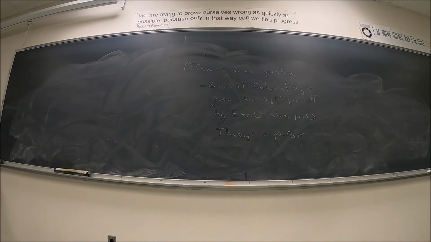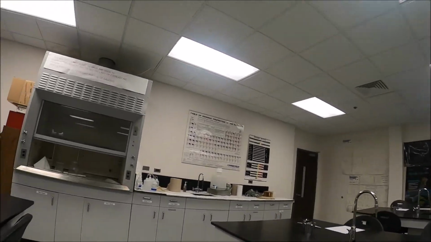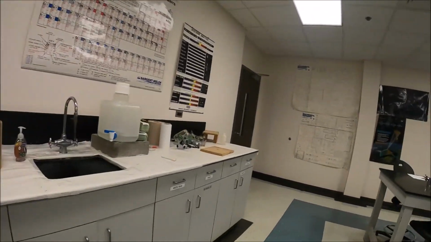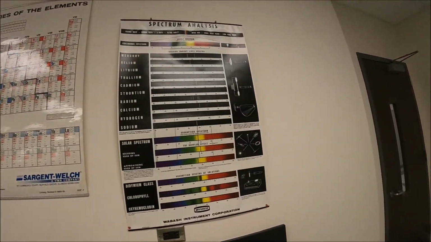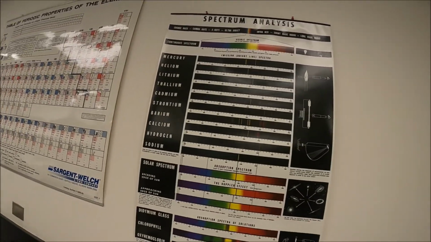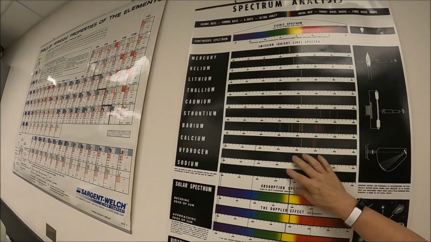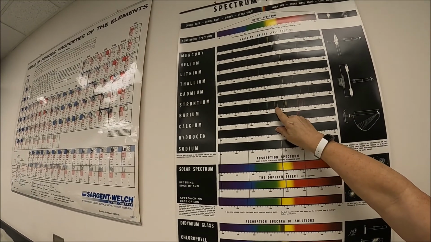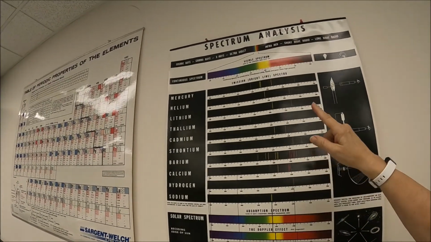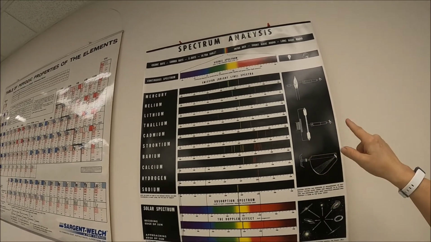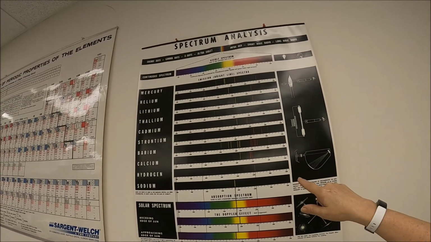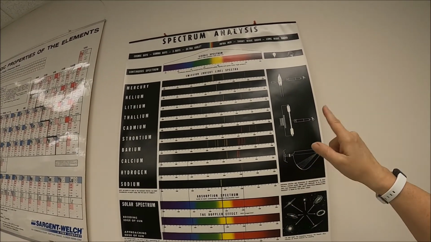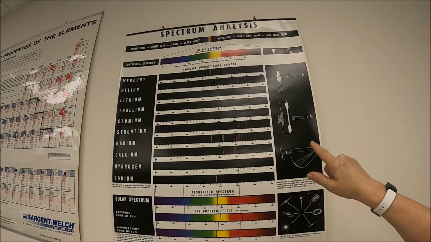Now I'm going to show you a chart. So let's walk around the room over here. Over by the side sink is line spectra. Now this is an old chart. The colors aren't super bright, but you can see just certain lines of color. Up there is the continuous spectrum, the full rainbow. But when I excite mercury atoms, I get only certain lines of color.